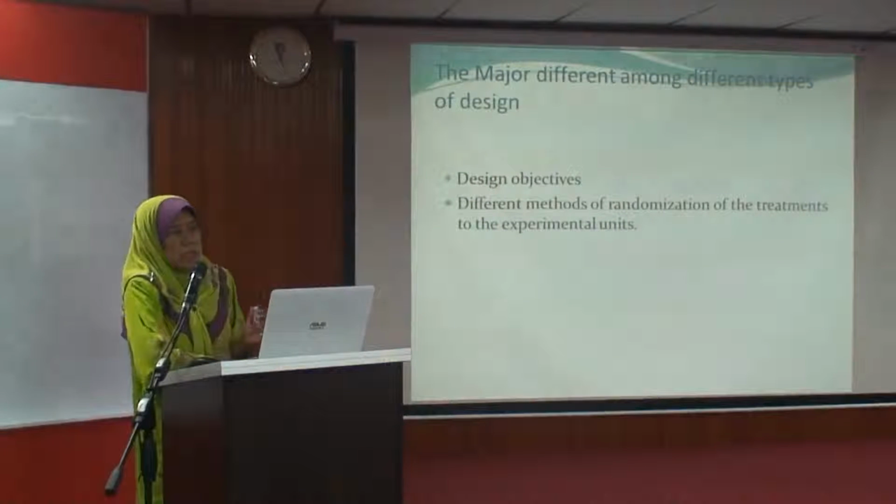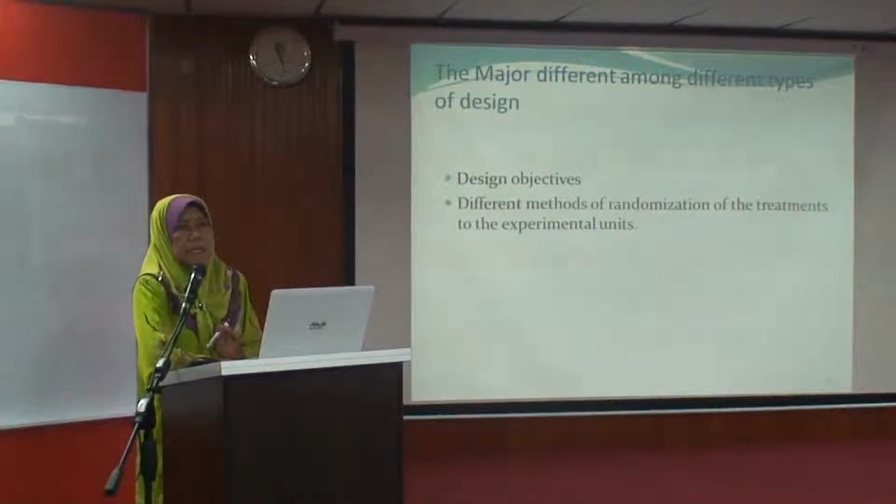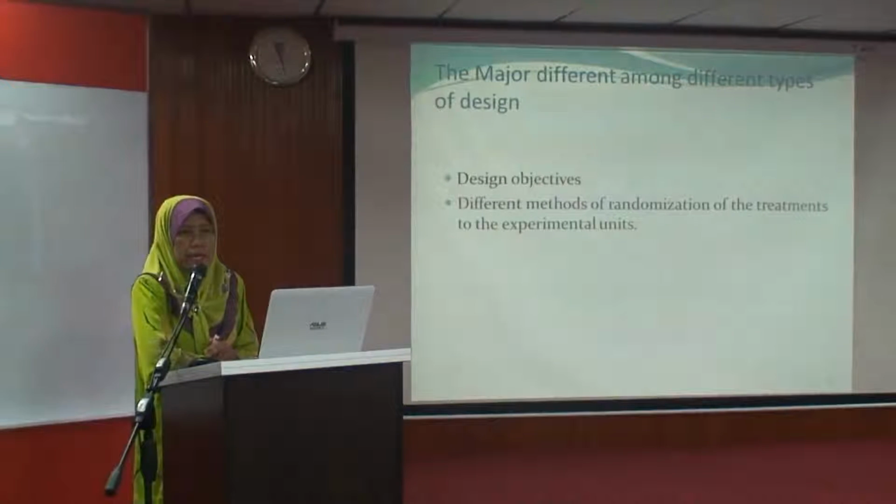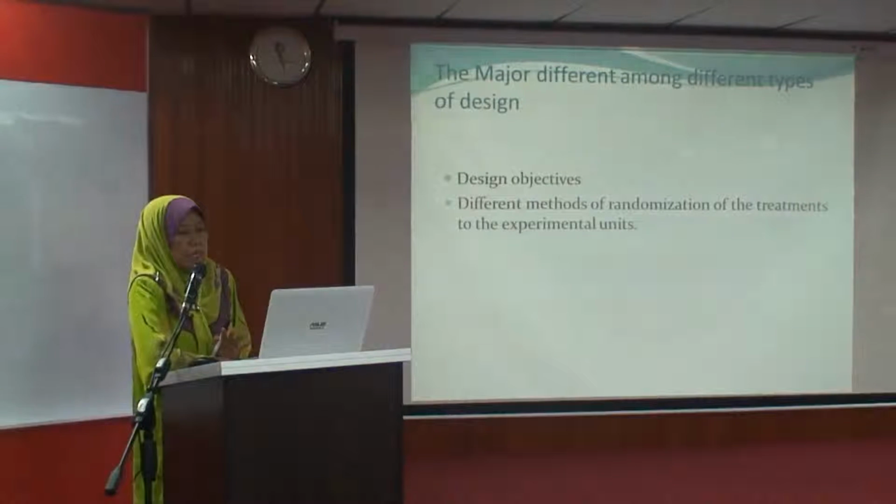So, if you look at problems of completely randomized design, block design, and Latin square design, you will be aware that the technique of randomization of the treatment to the experimental units will be different. Okay, so this will differentiate different types of design.